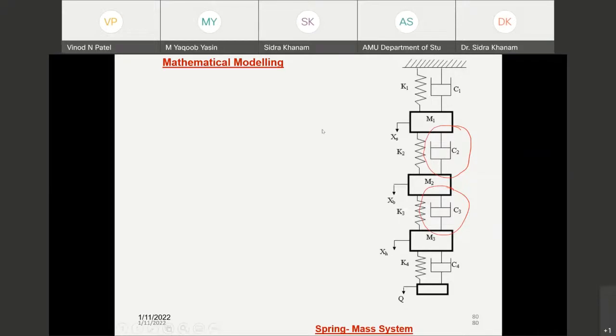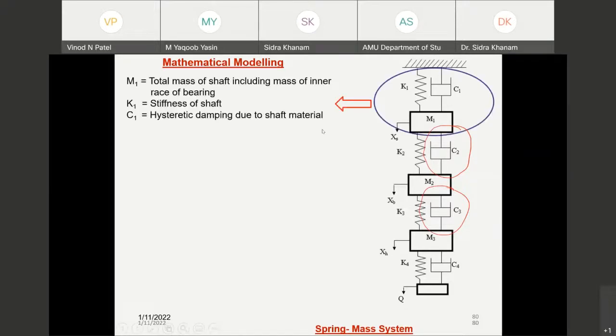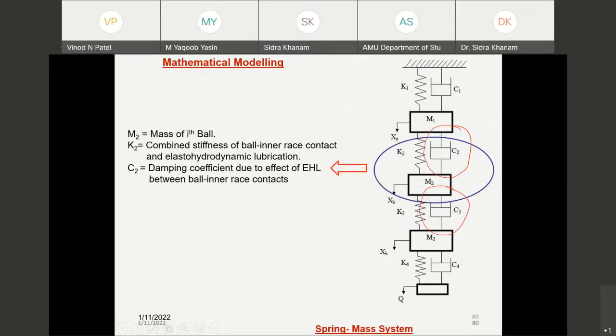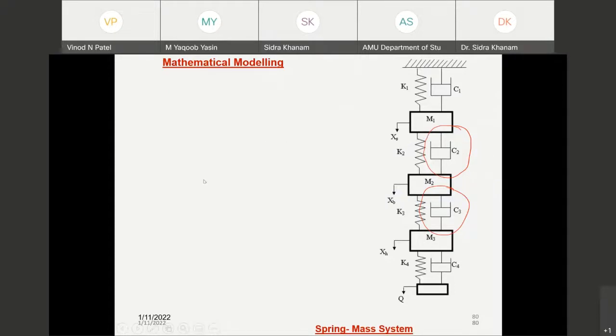So elastohydrodynamic damping has been considered. This part is the model of shaft and inner race. This part is for the mass of the ith ball, and the stiffness is the combined stiffness of ball and inner race, damping coefficient and EHL between ball and inner race.